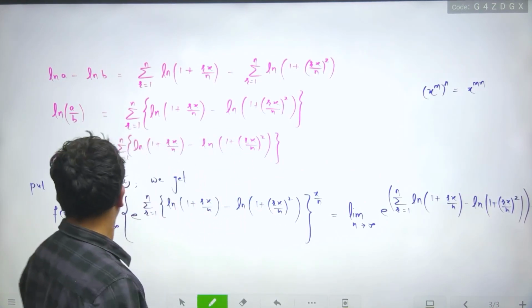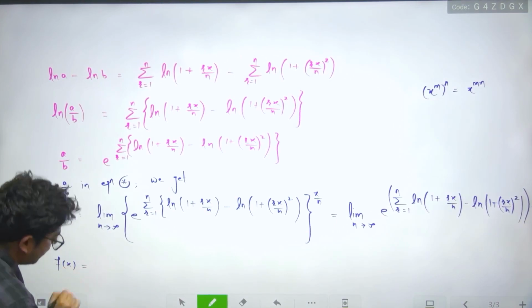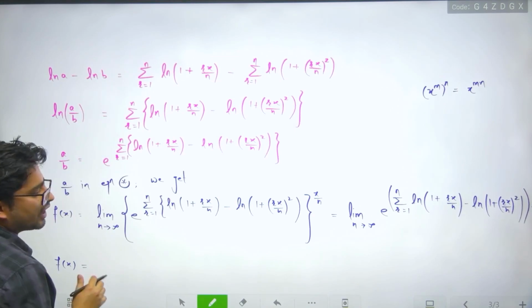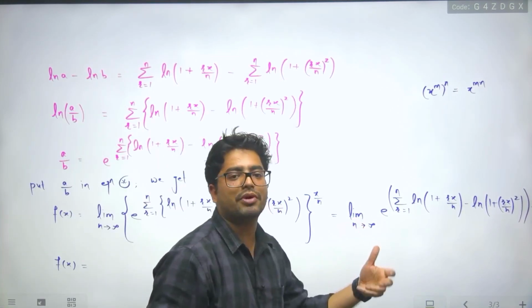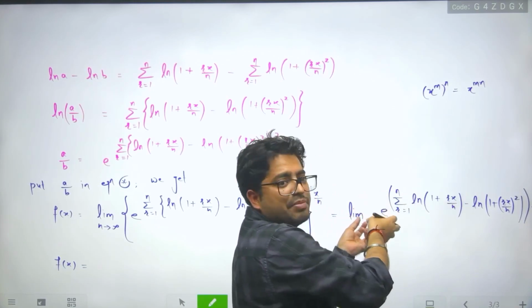Got it? Now we can say fx is equal to limit n tends to infinity. You can apply the property of limit: limit of e power fx is e power limit of fx.